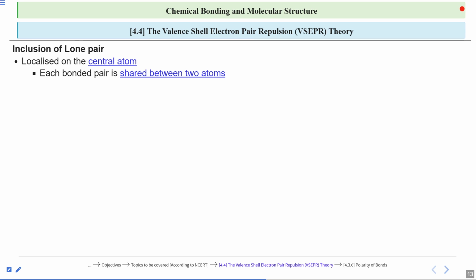So that makes the difference in the electronic distribution of lone pair. Again, I am repeating it. Your lone pair is always localized on the central atom, whereas your shared pair is between 2 atoms. And while determining the shape, in most cases, we are interested in the number of lone pairs of the central atom and not the surrounding atom. Okay, so we will talk about that. There is an impact of that, but for now it has no impact for the simple molecules.